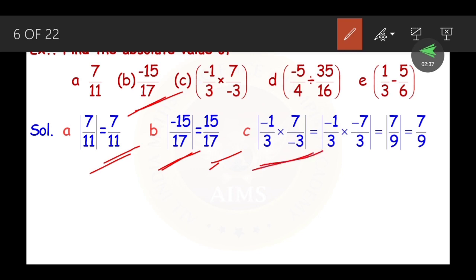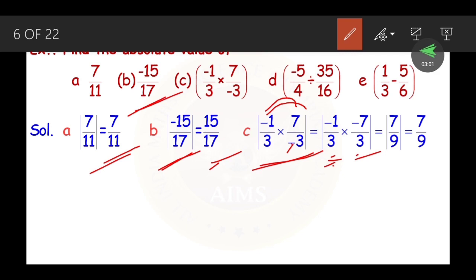Here in example C, they have given a product of two rational numbers inside a modulus symbol. So minus 1 by 3 is there, and 7 by minus 3 is there. Here minus 1 by 3 is okay. This minus part, we are keeping it up.